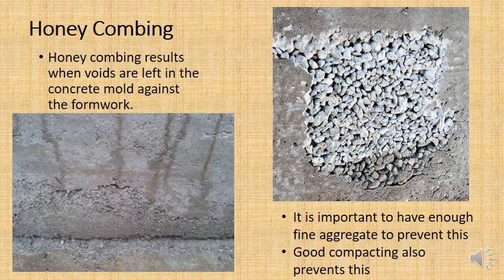Now, with compaction, the thing that you use the vibrator to achieve, if you don't compact the concrete correctly, you're going to end up with voids inside the concrete. And those voids will mean that the concrete is weaker, because basically they're air voids which add no strength to the concrete. You can often see these voids in a phenomenon known as honeycombing. This is where the voids are seen on the surface of the concrete after you take away the mold face or the formwork.